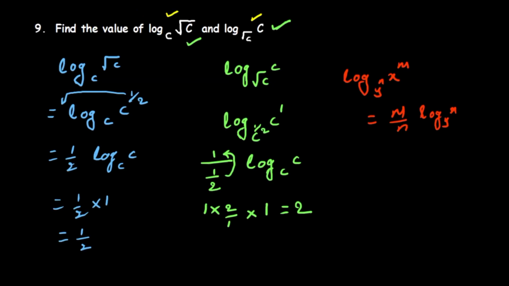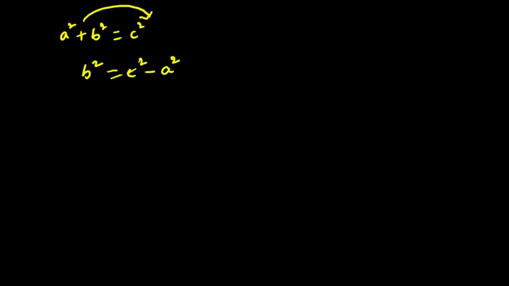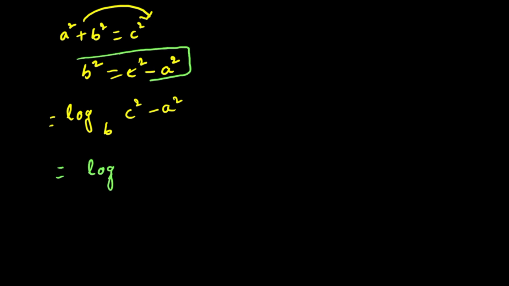So log c square minus a square base b, this is what we got in the previous step. Now we'll continue this one. Here I got b square equal to c square minus a square from the given condition, so instead of c square minus a square I can write now b square.